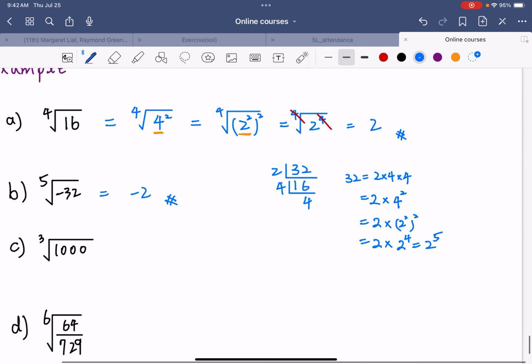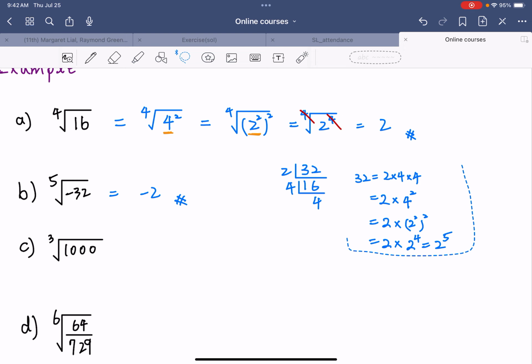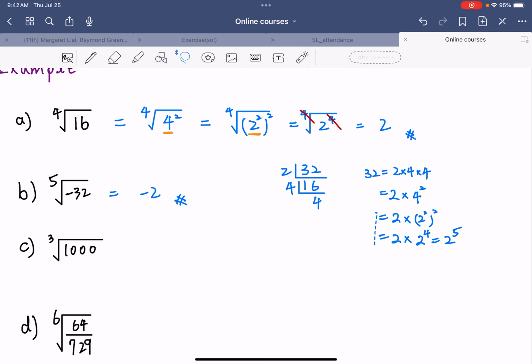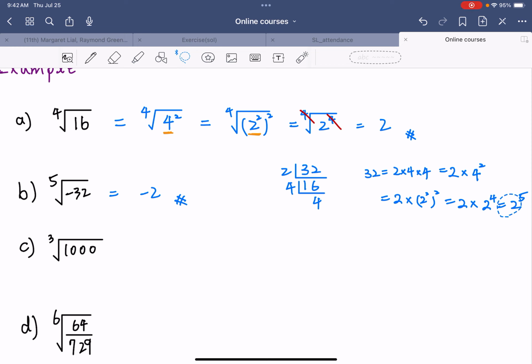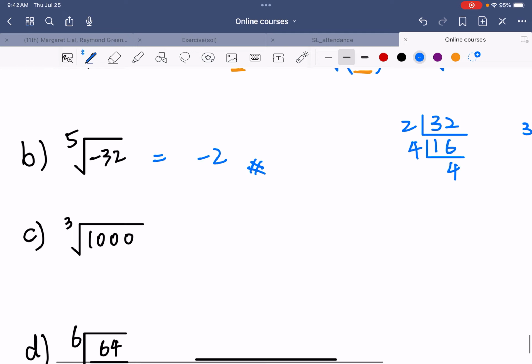Okay, let's move this a little bit higher. And for this part, we got 1000 with a radical of 3, with a cube root, right?